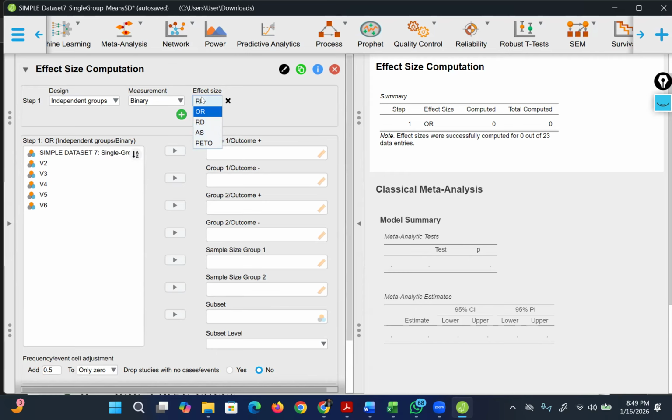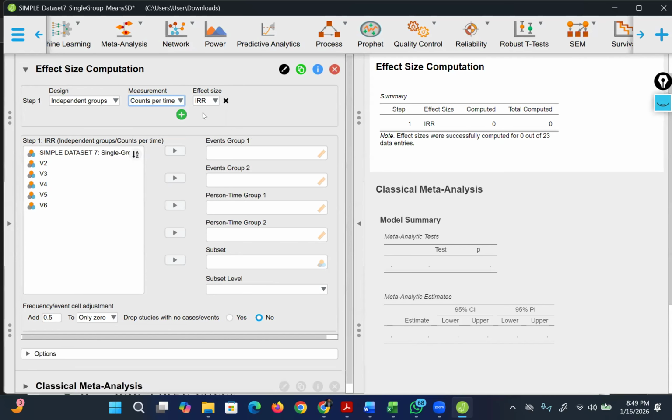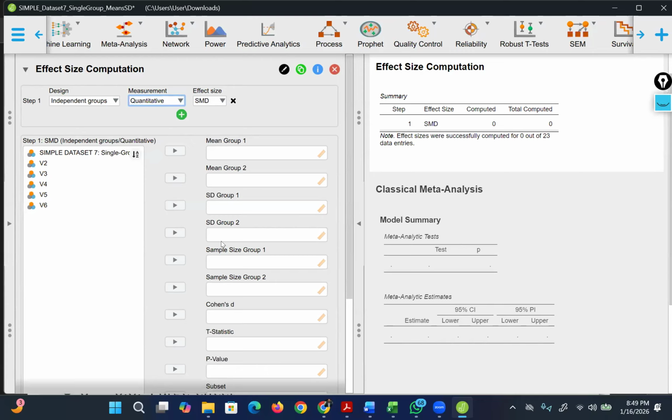So RR means risk ratio if the measurement is binary. If the measurement is counts per time, we have these events, how many times it happens in one count. And then we have quantitative nature. So measurement can be binary, counts, mixed, and quantitative.